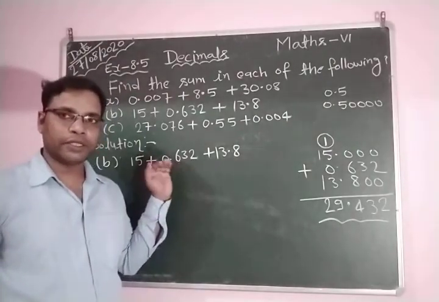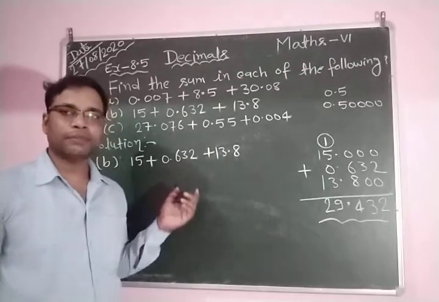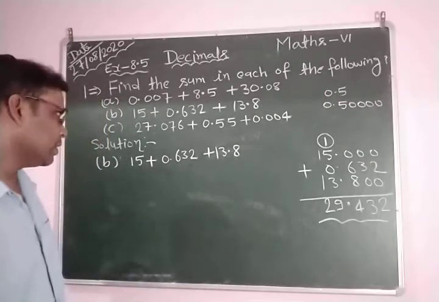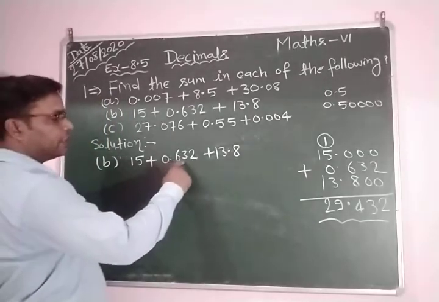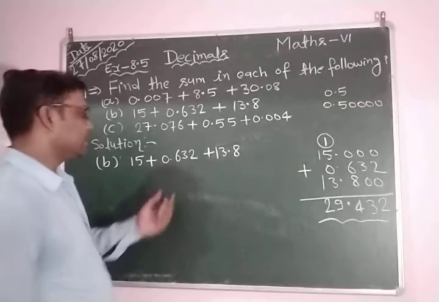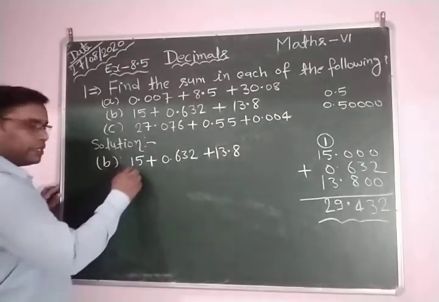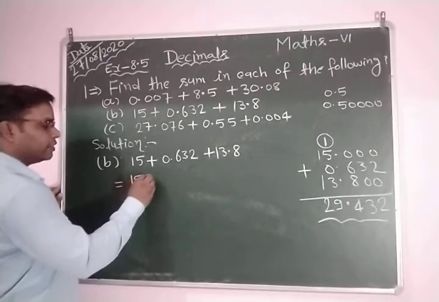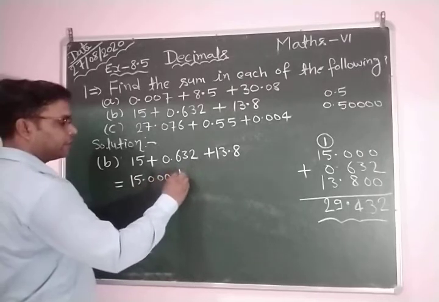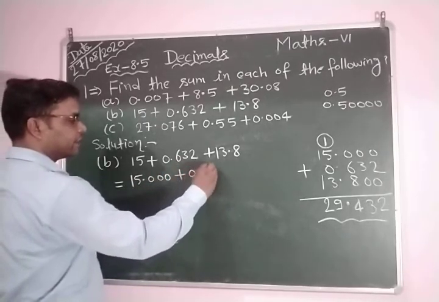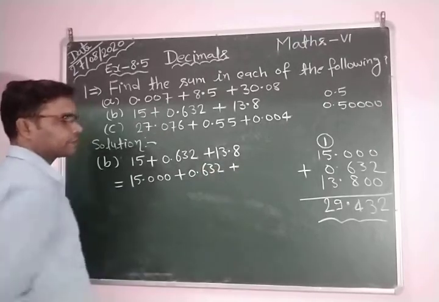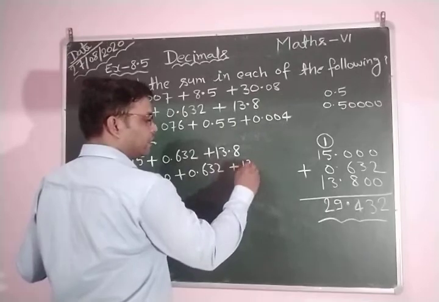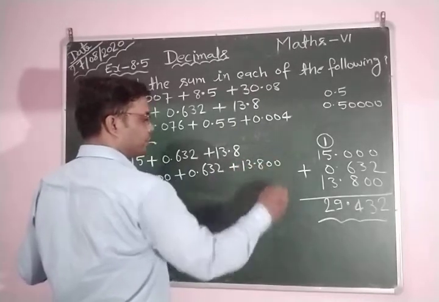Now you can also sum it by the row method or horizontal method. For this, first we convert the given decimals into like decimals, because here after the decimal there are 3 digits. So you can write 15 as 15.000 plus 0.632 plus 13.8, and we write 13.8 as 13.800.